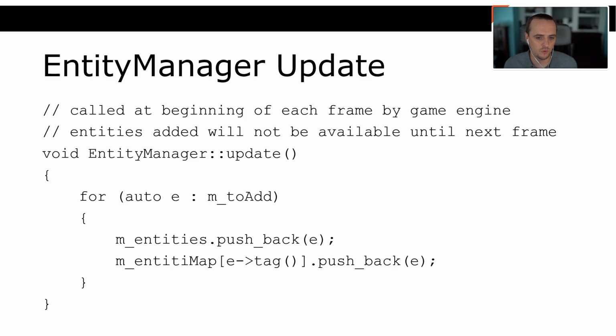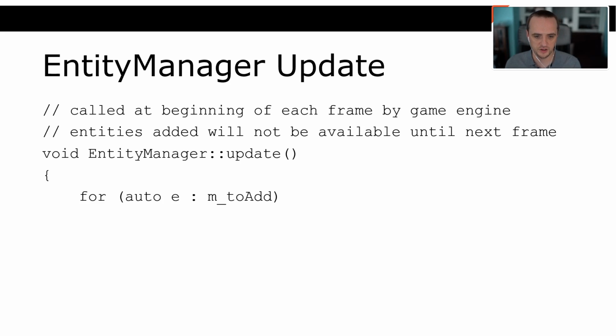So it's what we did before, but instead of directly adding it to the vector of all the entities and adding it to the map, we first immediately push it to this toAdd vector, and then at the beginning of the next frame, when we call update, we go through that temporary vector and we add everything there. Actually, there's one thing that I missed here, and I'm going to add it in.